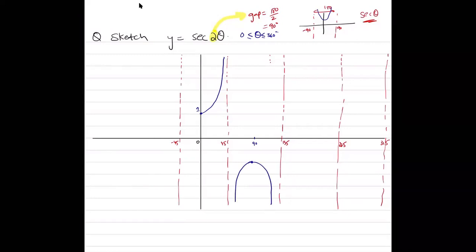Then the average value of 135 and 225 is going to be 180. So the graph is going to go like this. Okay. And the average value of 225 and 315 is going to be 270.